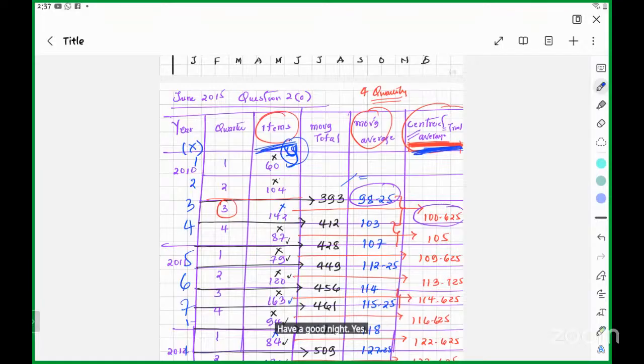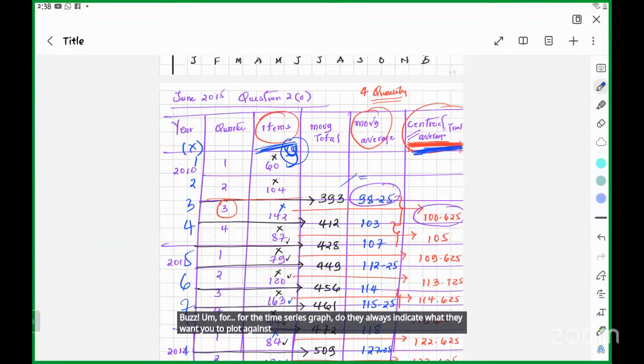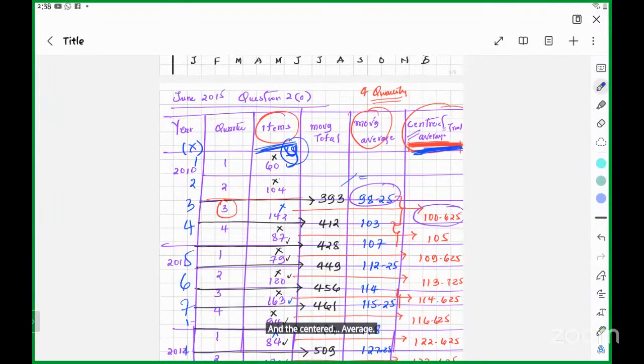Yes, please. For the time series graph, do they always indicate what they want you to plot against? Because in the question we did, he said original data and the centered average. Does it always indicate for such a question? Okay, thank you. A trend value is the same as moving averages. I've tried to explain that, Oliver.